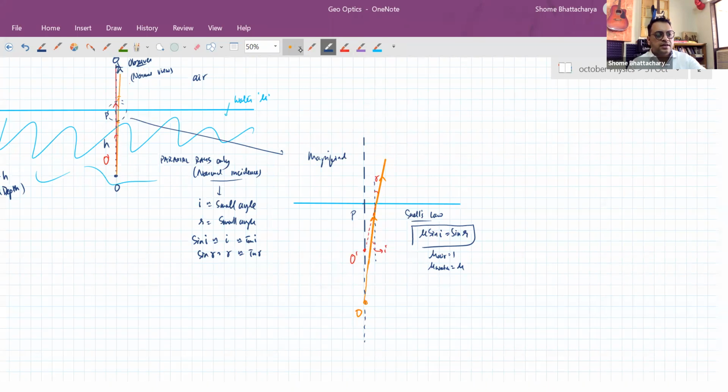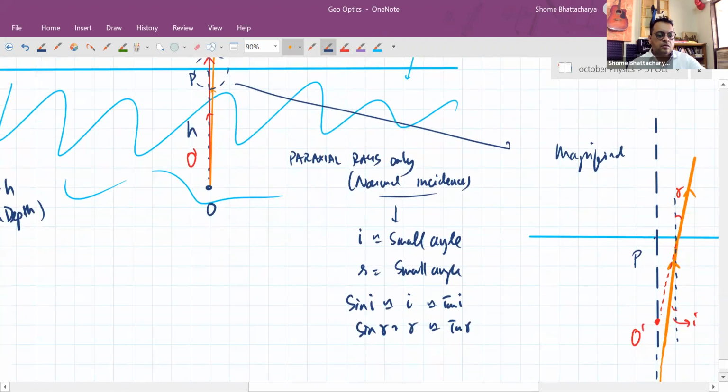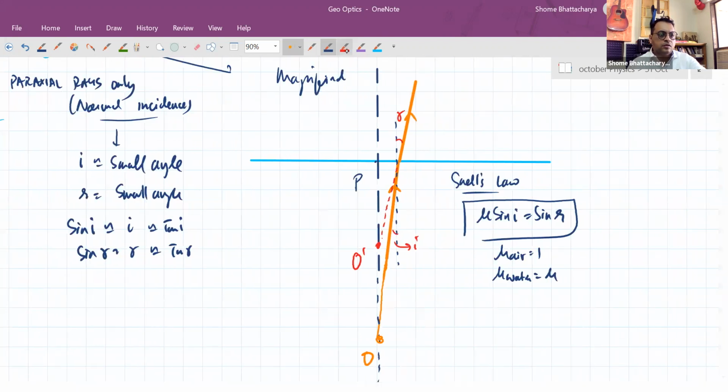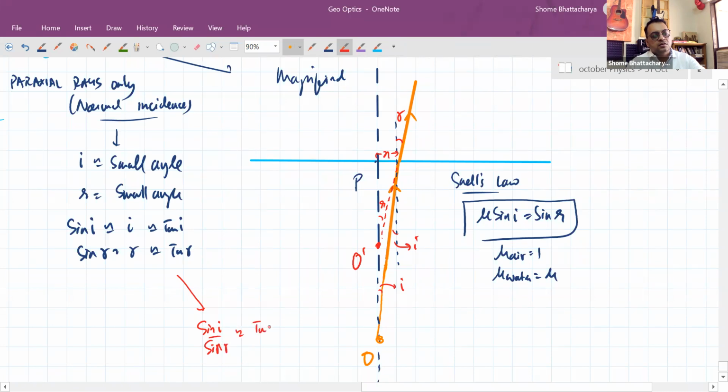So you can see that in this diagram, this angle here is again R, and this angle again is I. So if this distance is X, sin I by sin R, which is approximately tan I by tan R, becomes equal to 1 by mu.